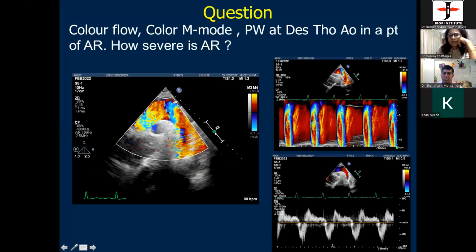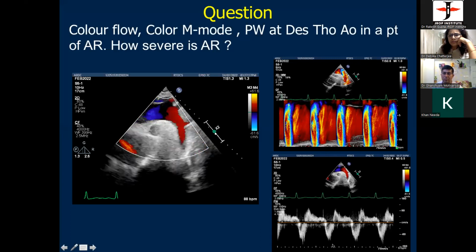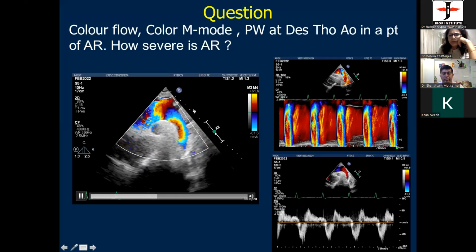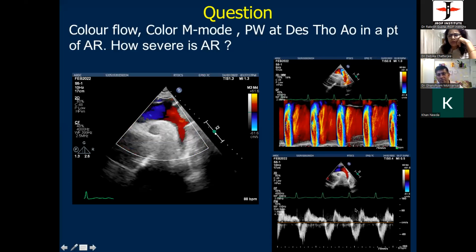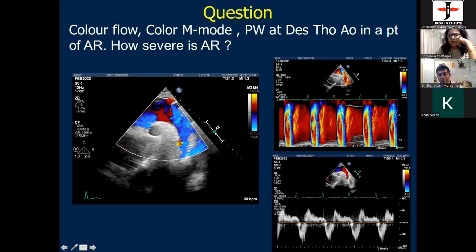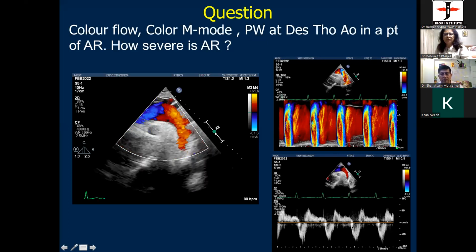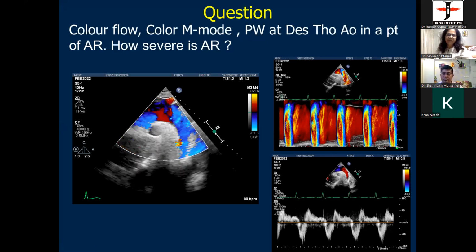And what is this? This is what we are measuring, ma'am. I have kept the sample volume here and I have done the pulse wave Doppler. Now describe it. This yellow line below and the one above the baseline indicate what?